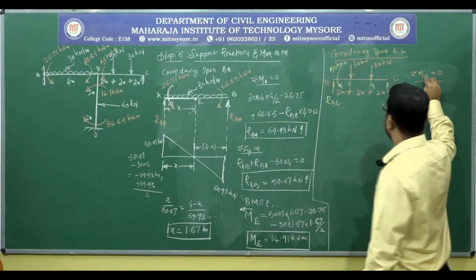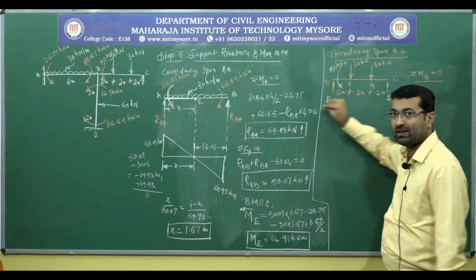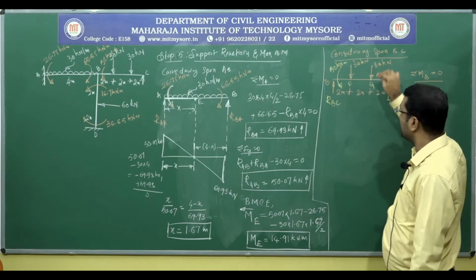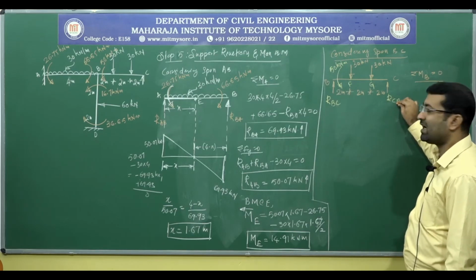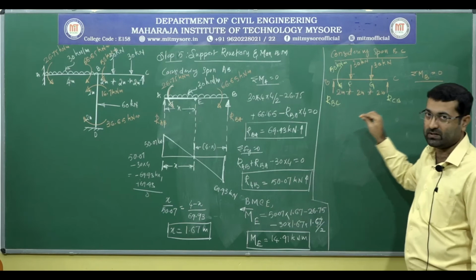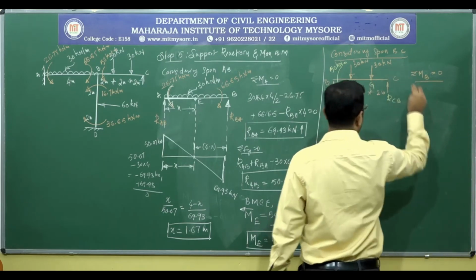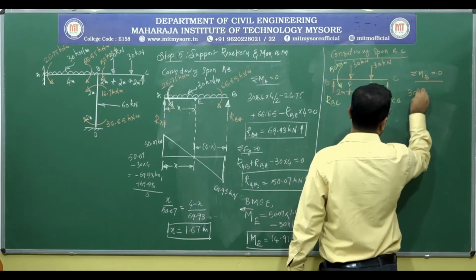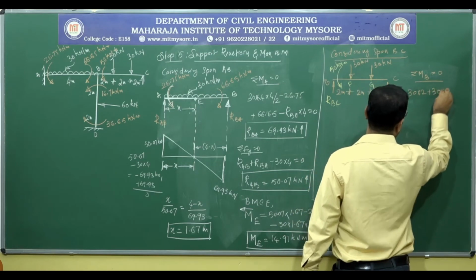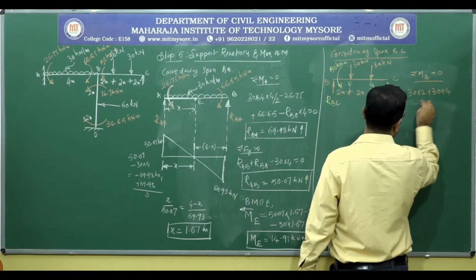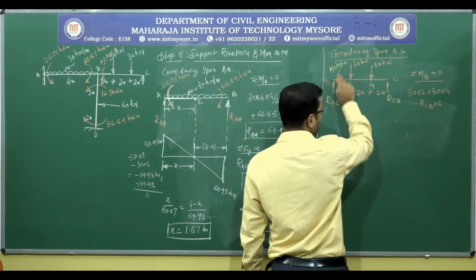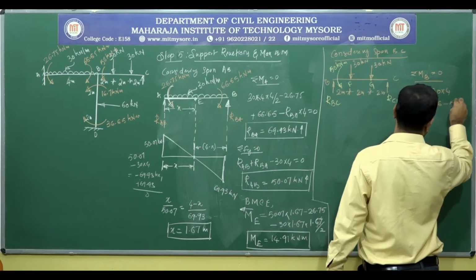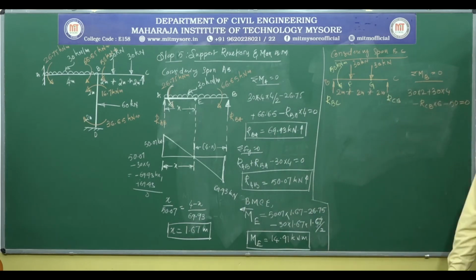Now with respect to B, this 30 kilonewton creates a clockwise moment, this 30 kilonewton also creates a clockwise moment, and this reacting force, that is RCB, creates an anticlockwise moment. So I have to write all these in the equation, that is 30 into 2 plus 30 into 4 minus RCB into 6. Then we have one anticlockwise moment, minus 50 equals to 0.